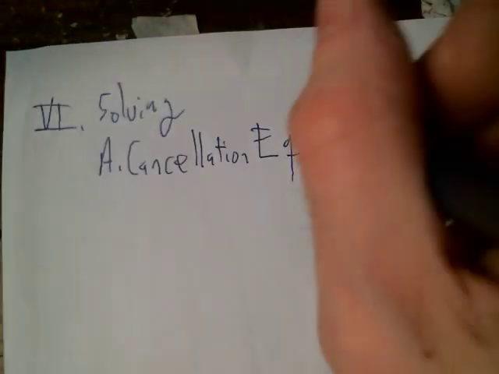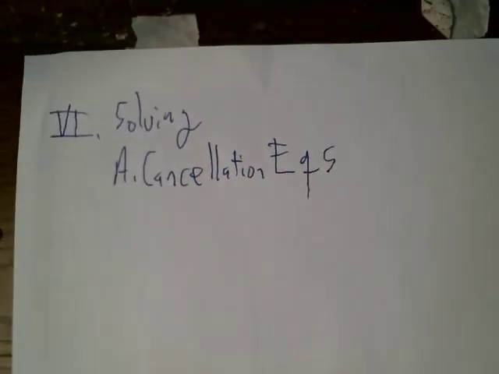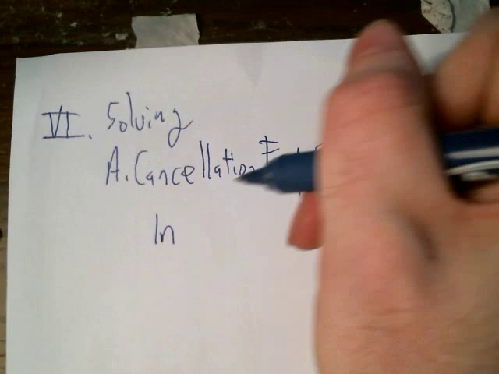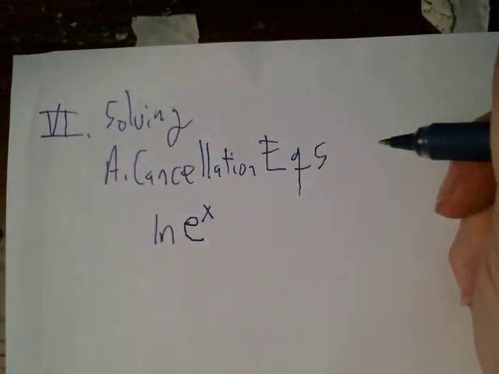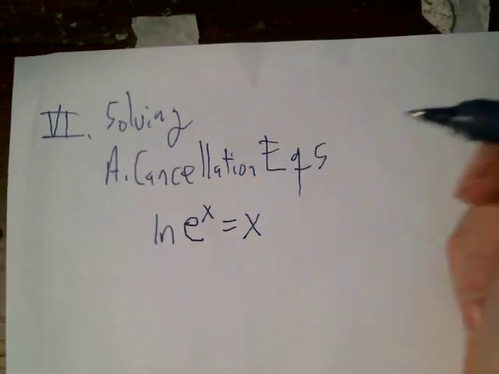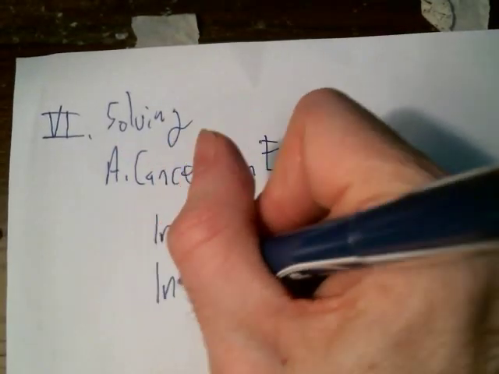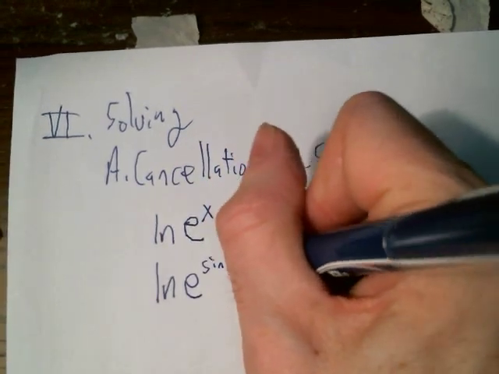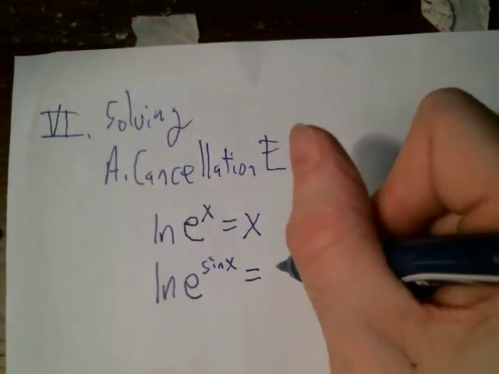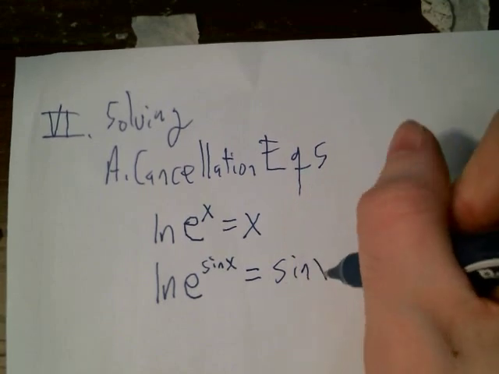And it's from compositions, right? So if you have a natural log and you put inside of it the inverse, e to the x, you'll end up with x. And in general, that will be true for anything you put in the exponent. So if in the exponent you put sine x, the reduced version will be sine x.